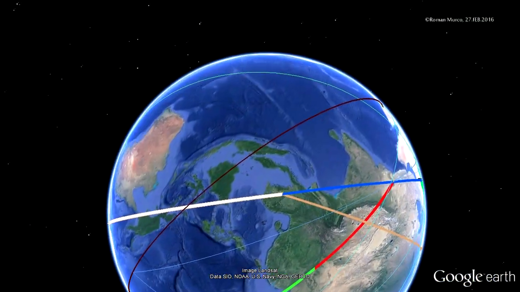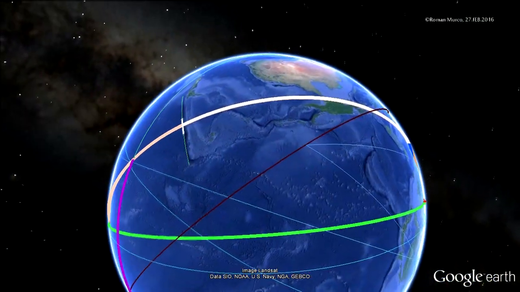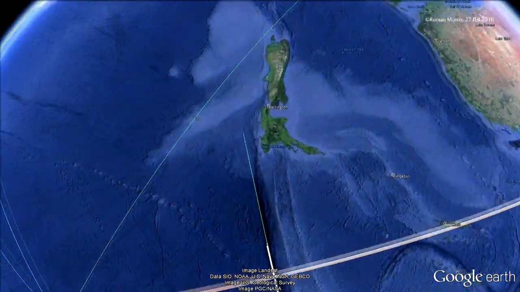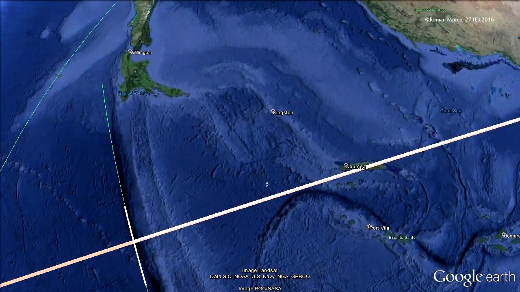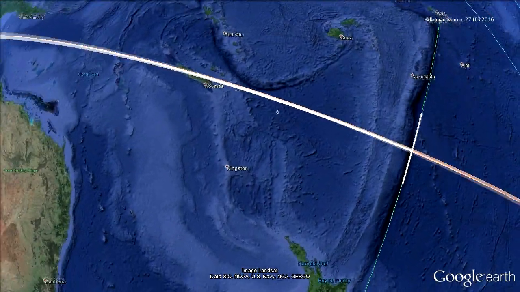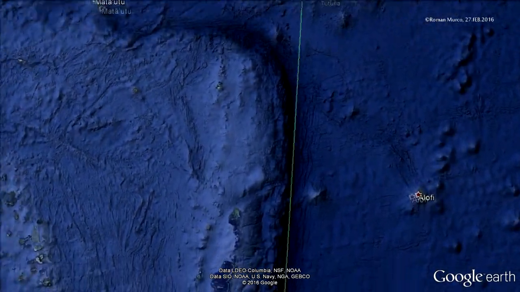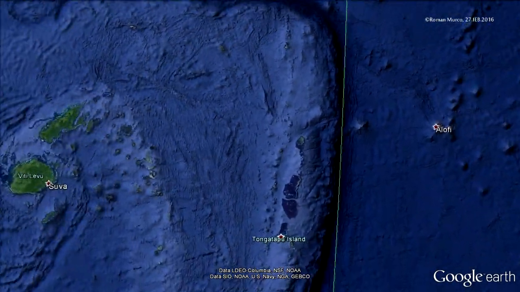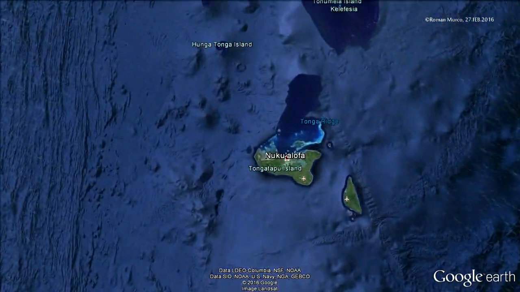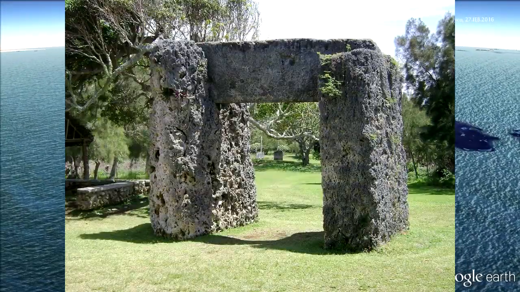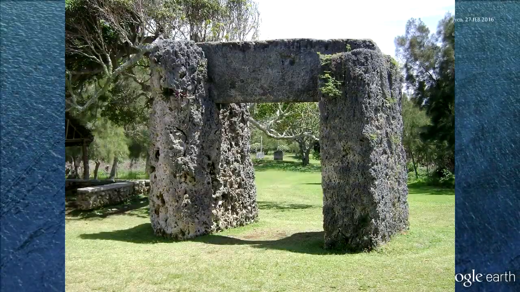I don't remember the exact dimension, I can check it. It's 3,000 kilometers. And guess what? Here, for example, Tongatapu Island, Tonga. Guess what they have? They have megaliths.